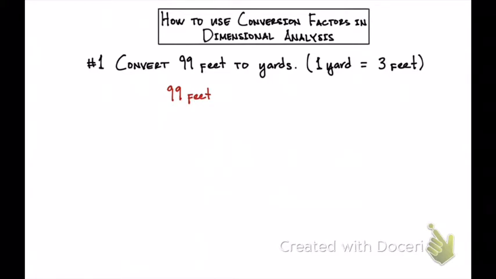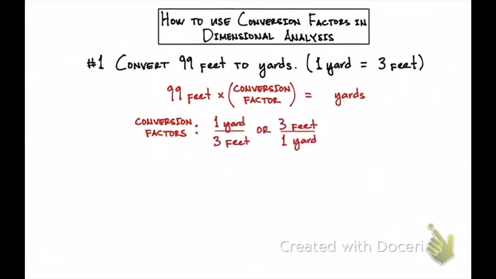And then we're going to multiply this value by a conversion factor. Okay? And so we have two different conversion factors. The first one is 1 yard per 3 feet, or 3 feet per 1 yard. And so which one would you use in order to get yards in this conversion?